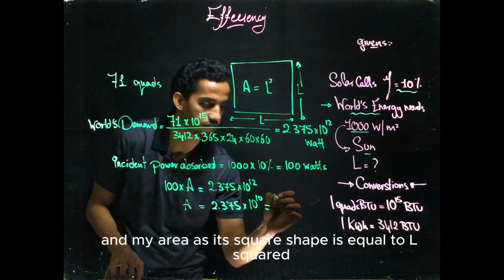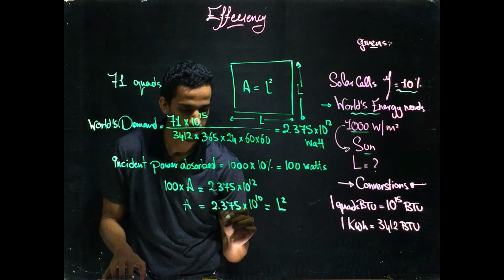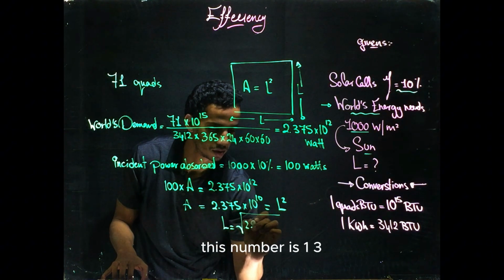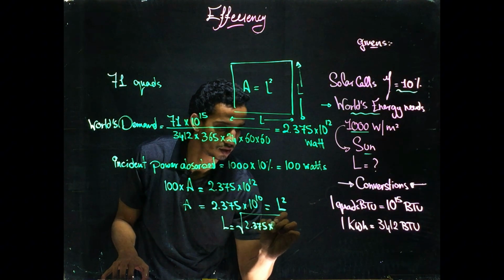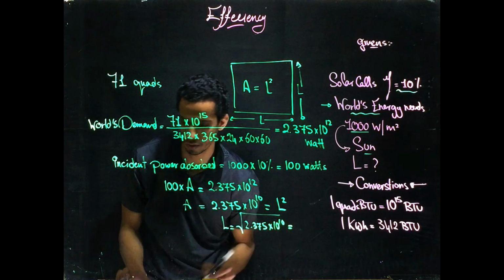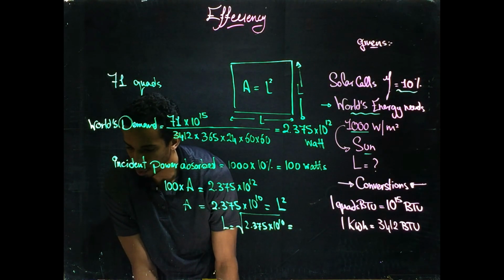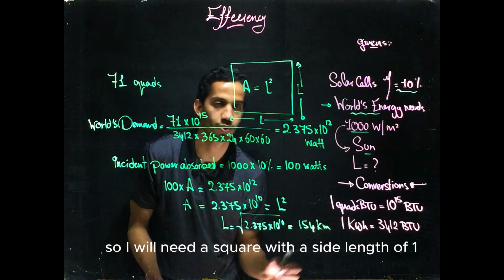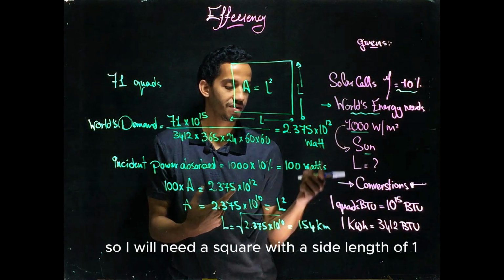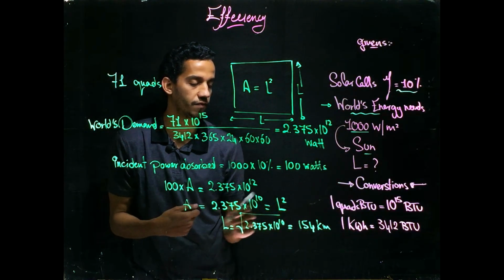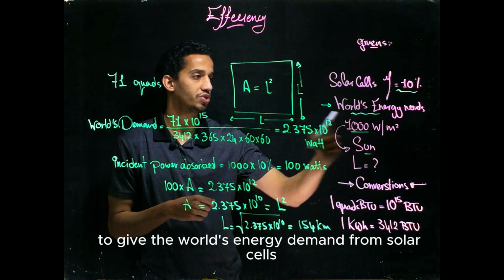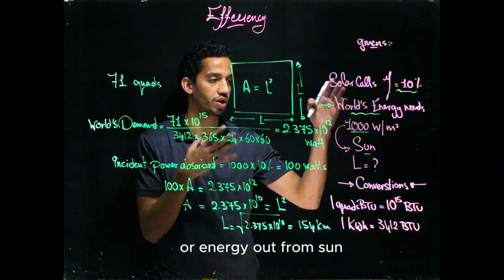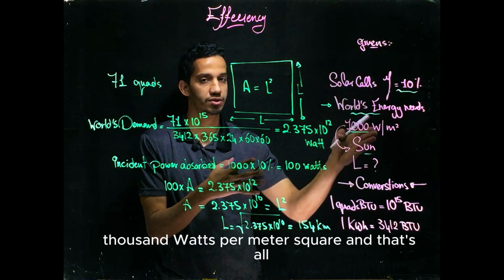As it's a square shape, the area equals L squared, so the side length is the root of 2.375 times 10 power 10, which is about 154 kilometers. So I will need a square with a side length of 154 kilometers to supply the world's energy demand from solar cells of efficiency 10% and sun radiation of 1000 watts per square meter.